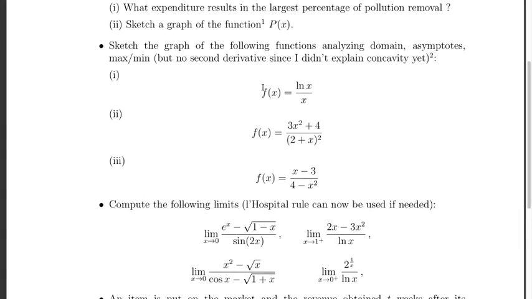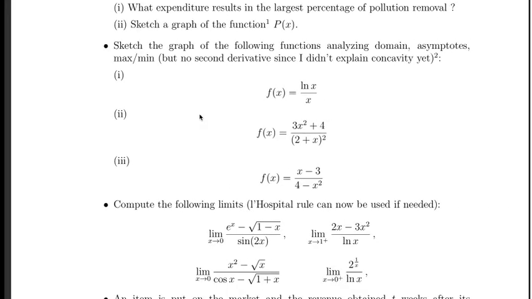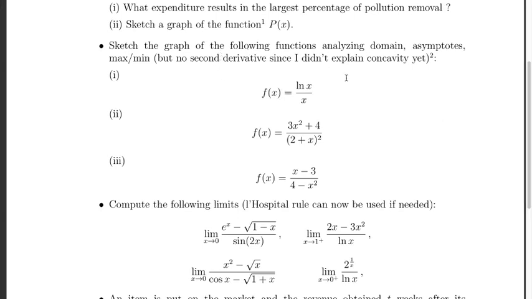Okay, then we do the first study of the function. So f of x is equal to logarithm of x over x. We have to analyze domain, asymptotes, and maximum and minimum.